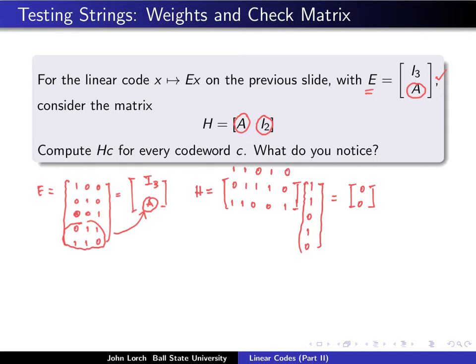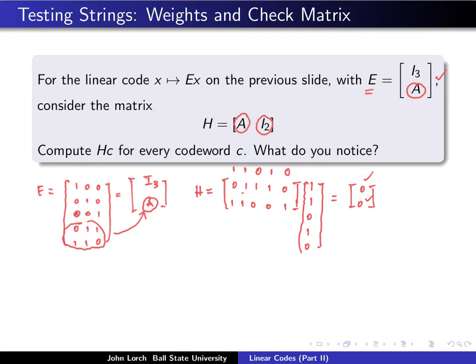So we're being asked to add the first, second, and fourth columns of the matrix H. And when we do that, in the top entry, we get 0 plus 1 plus 1, which is 0. And in the bottom entry, we get 1 plus 1 plus 0, which is again 0.